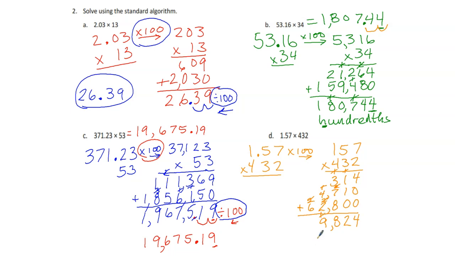Wait, this 2 was crossed out. So it wouldn't have been 9. It would have been 4 plus 2 is 6 plus 1 is 7.